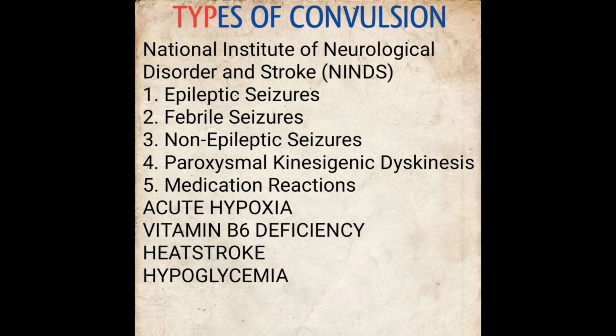Types of convulsion. The National Institute of Neurological Disorders and Stroke defined some causes and labelled some more on seizure, that is epileptic seizures, which is less of the convulsion. So we are starting with the more serious epileptic: 1, seizure; 2, febrile seizure; 3, non-epileptic seizure; 4, PKD; and 5, medication reactions.